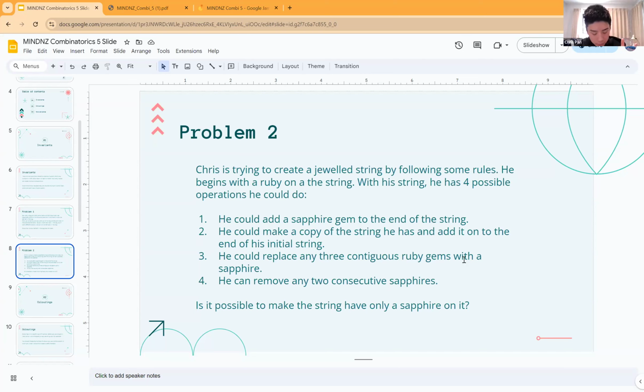So it might be a good idea to focus more on the rubies than the sapphires because it feels more restrictive. There's only really two moves that change the number of rubies. So a hint as a result of that heuristic would be to look at the number of rubies and see how they change as you apply these four moves.